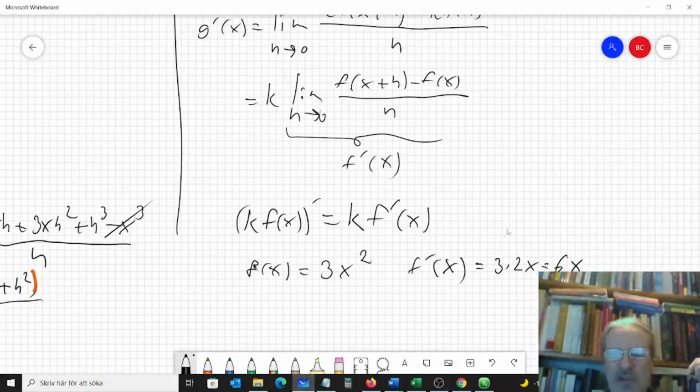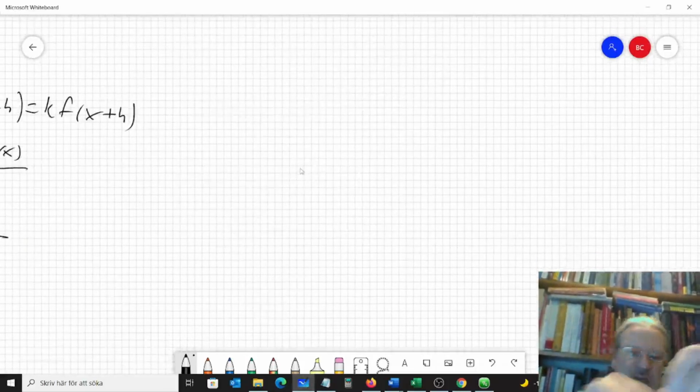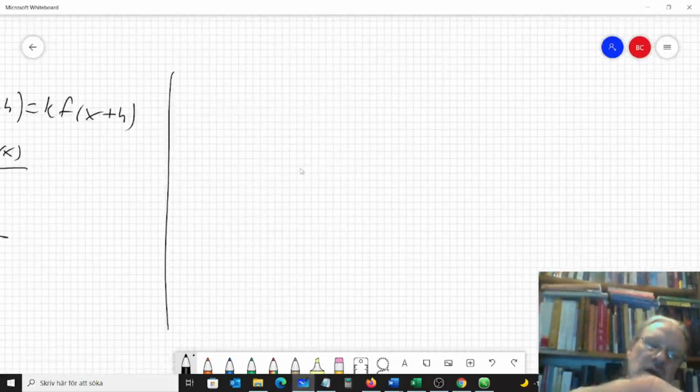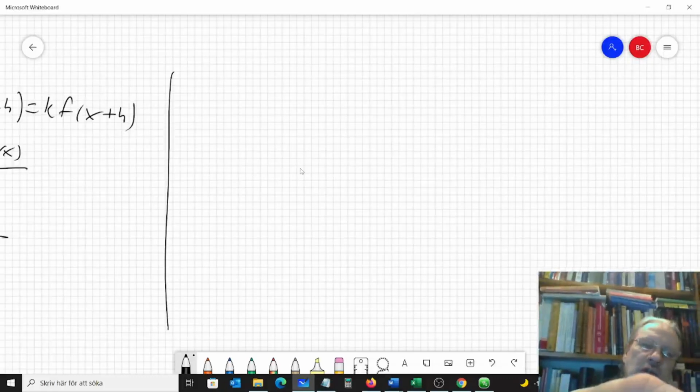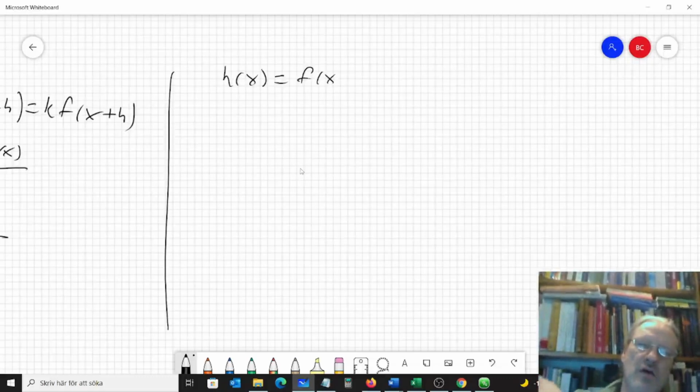Can we make some more general rules? Yes, of course. Say we have that our function, say we call it now h of x, is the sum of two functions.